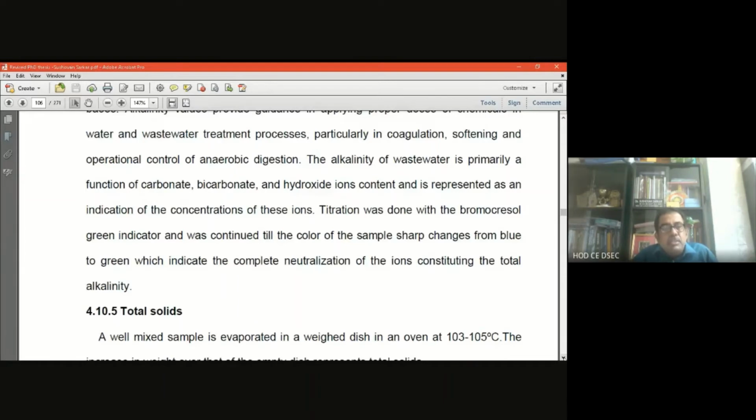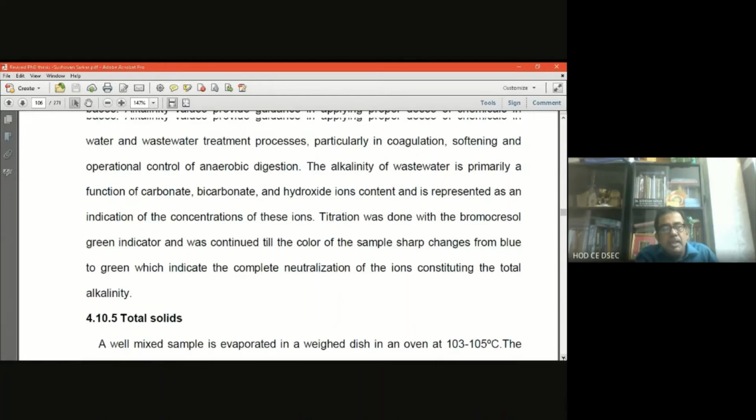The color change from blue to green indicates the complete neutralization of the ions constituting the total alkalinity. So total alkalinity can be obtained by titration with the bromocresol green indicator and sulfuric acid as the titrant.